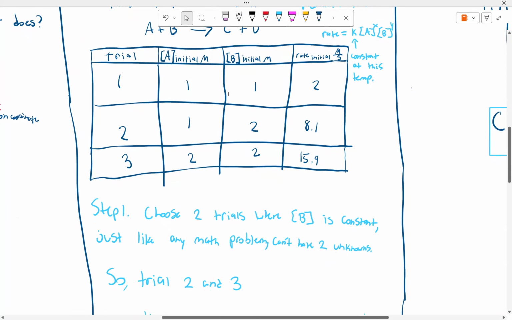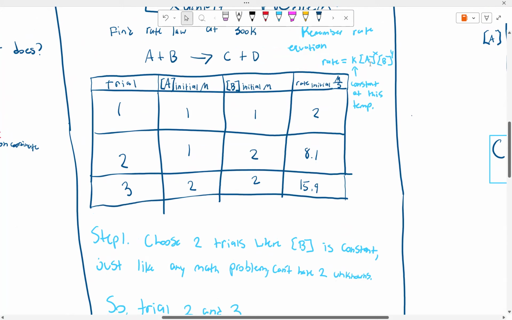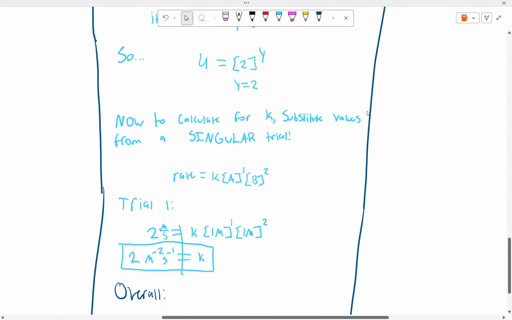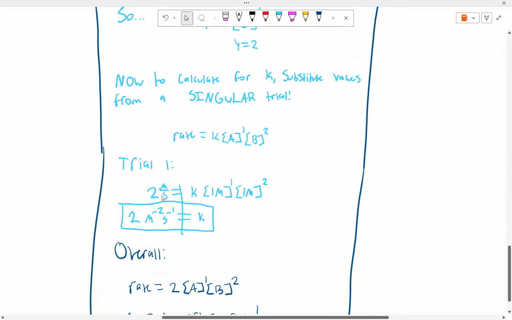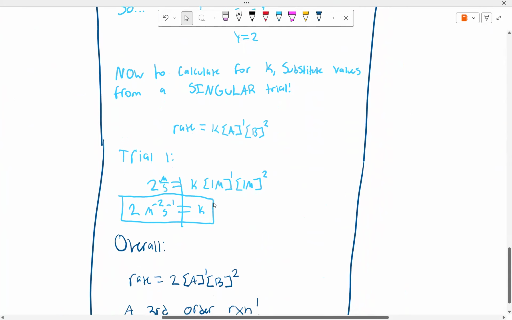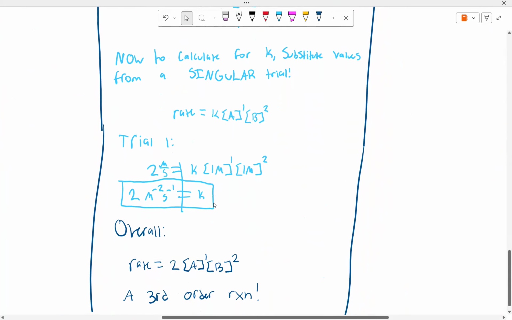So basically I'm going to plug into my rate equation. A will be 1 to the power of 1 and B will be 1 to the power of 1 squared, I should say. And the rate is 2. So over here I have 2 equals k times 1 to the power of 1 times 1 to the power of 2.